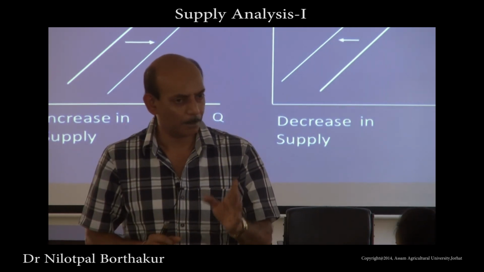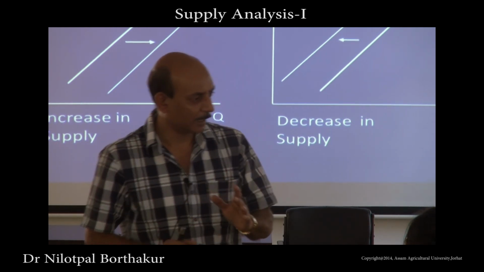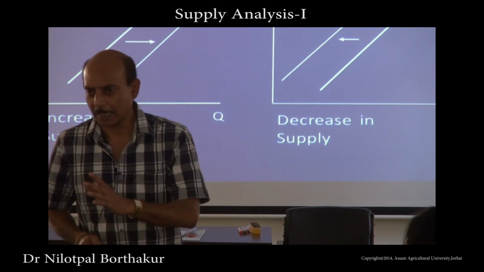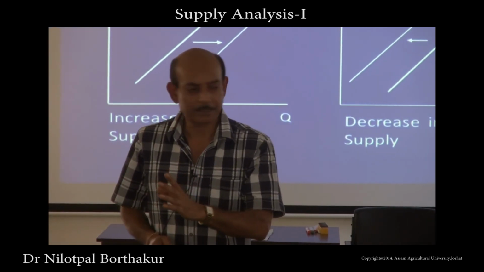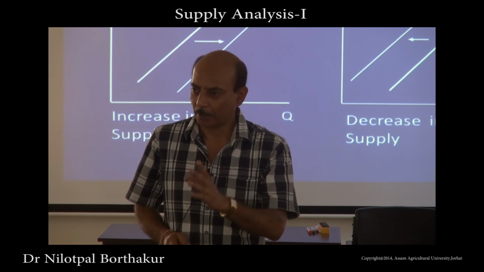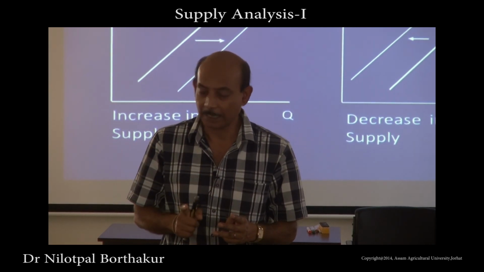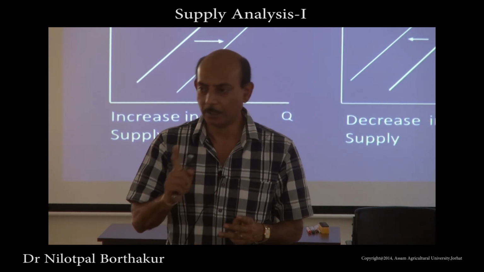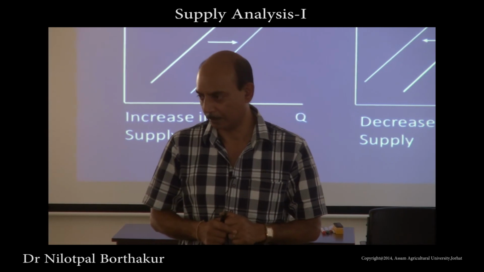So there is a movement on a particular supply curve. But changes in supply are brought about by factors other than the price, and this can only be explained with the help of a new supply curve, which is either right or left of the original one.